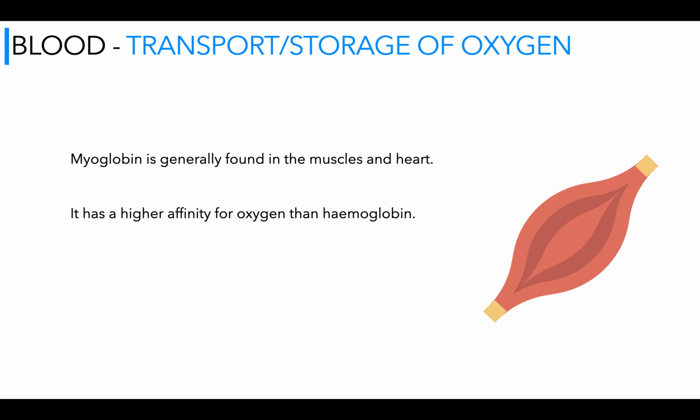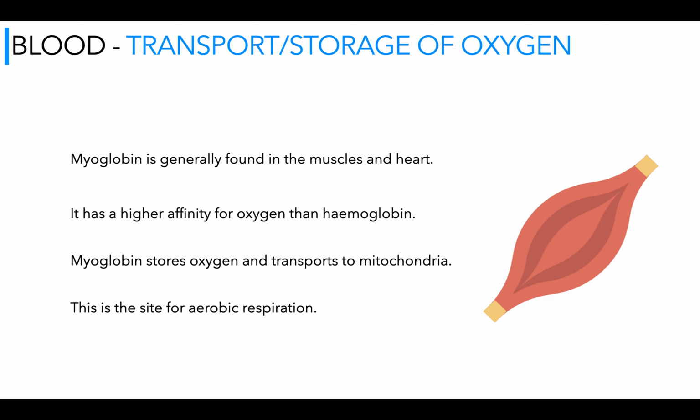But let's look at what myoglobin does. Myoglobin stores the oxygen in the muscles, and it transports it to the mitochondria. The mitochondria is where aerobic respiration takes place. It's the site for aerobic respiration, something we talk about a lot in A2 during energy systems and the Krebs cycle, etc. But for now, our main difference between hemoglobin and myoglobin is that myoglobin can store oxygen in muscles, whereas hemoglobin transports it in red blood cells through oxyhemoglobin.